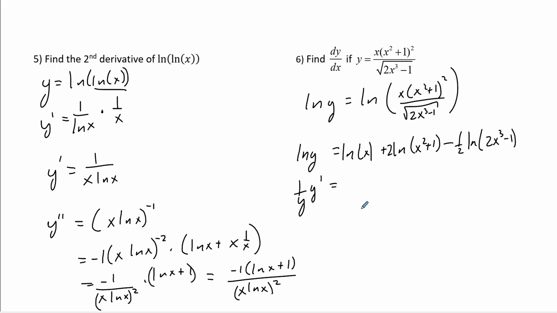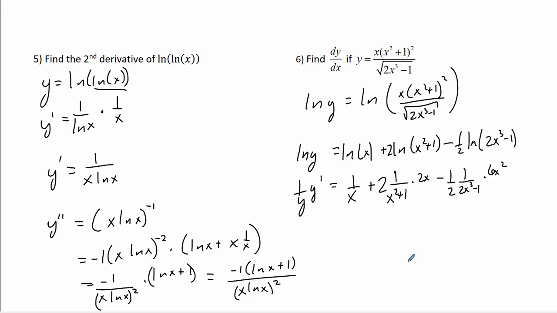what? Well, the derivative of ln of x is 1 over x. This is plus 2 times 1 over x squared plus 1 times 2x, minus a half times 1 over 2x to the 3 minus 1 times 6x squared.